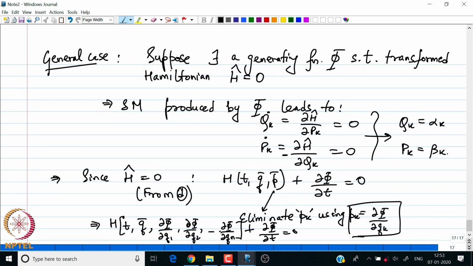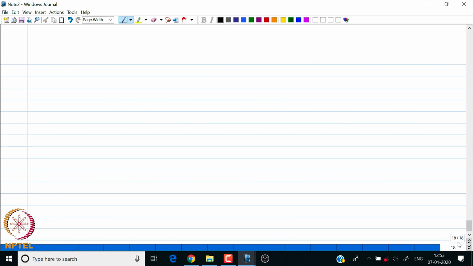This is the equation we were after, and this is my well-known HJ equation, or Hamilton-Jacobi equation. To find the generating function, we have to solve this first order nonlinear partial differential equation.